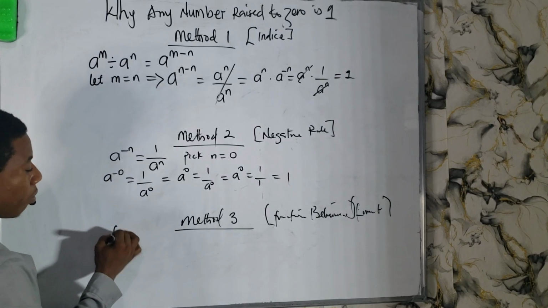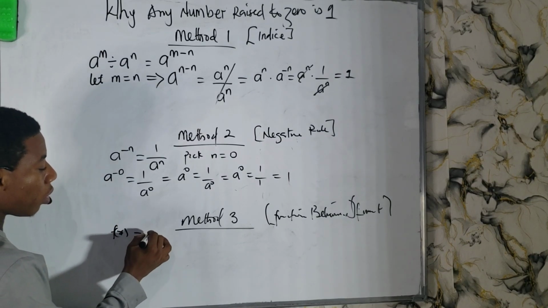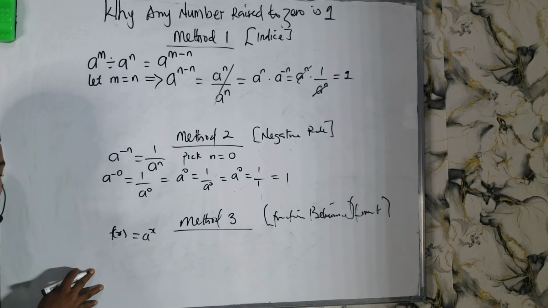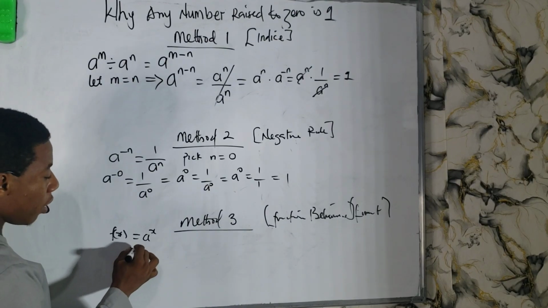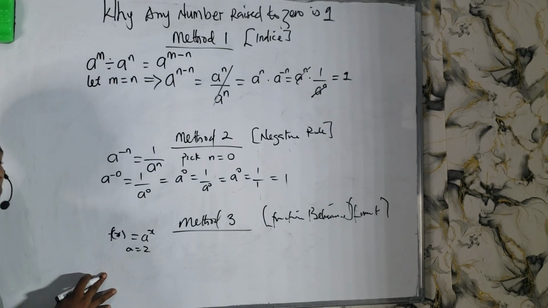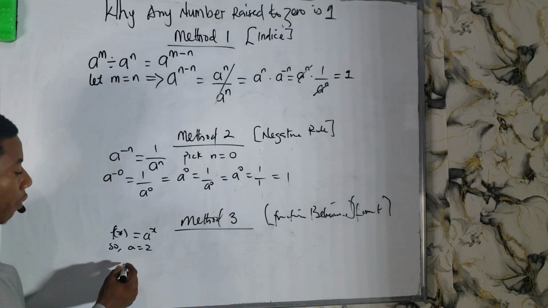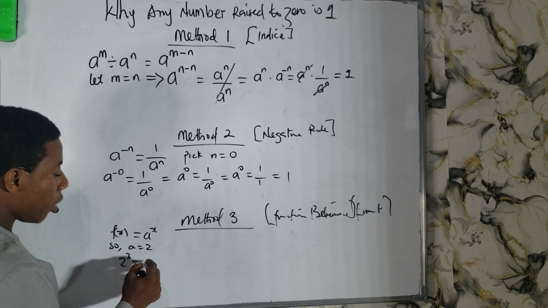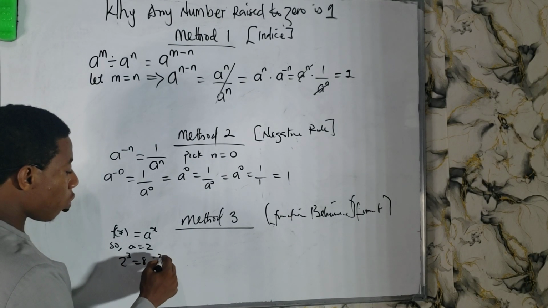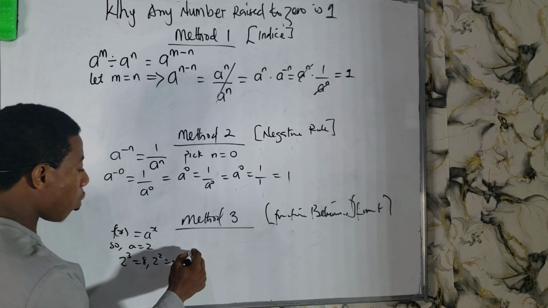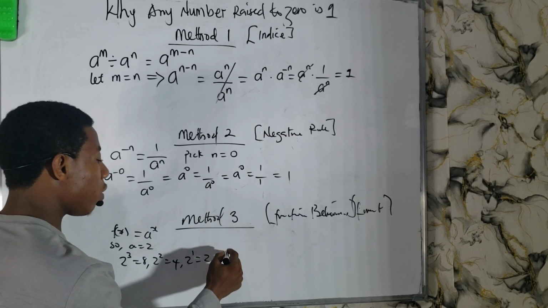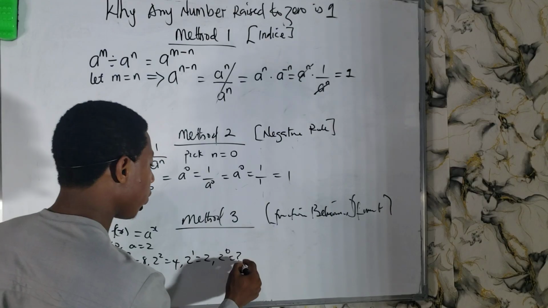If we say that f of x equals a raised to power x, and a is equal to 2, then 2 raised to power 3 is 8, 2 raised to power 2 is 4, and 2 raised to power 1 is 2. So what is 2 raised to power 0 now?